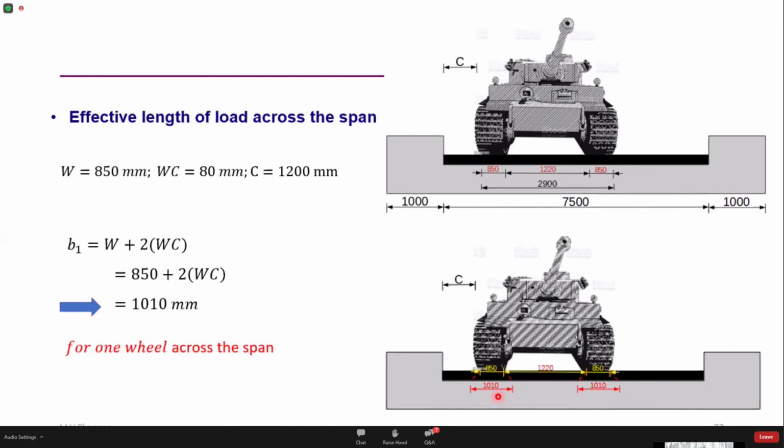So what is this 1.01 meters? This is the contact length of the wheel on the deck slab, or simply the dispersion of the load through the varying chord. It is 1.01 meters for one wheel. I'm going to use these values to calculate the dispersion that happens through the entire thickness of the slab.